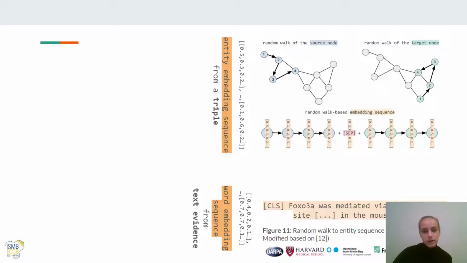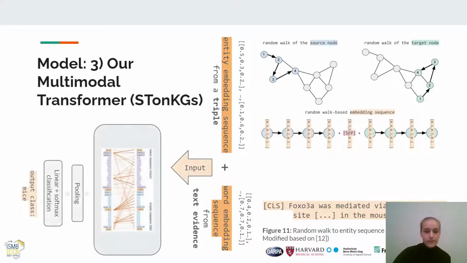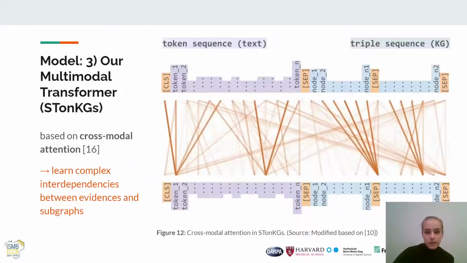By concatenating the random walk-based entity embedding sequences with the word embedding sequence for the text using BioBERT, we get a combined input sequence, which is the basis of our multimodal transformer. Taking a closer look, one can see that, for a given text token, the contextualized representation is not only formed using other text tokens, but also using node embedding vectors from the associated random walks.